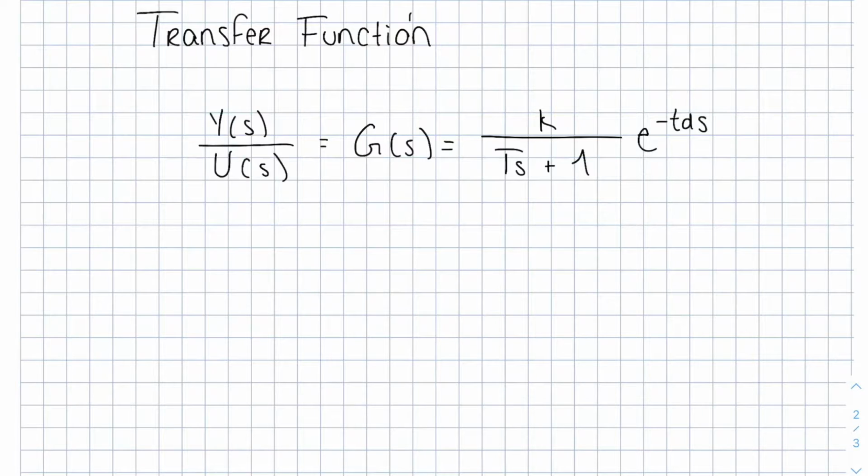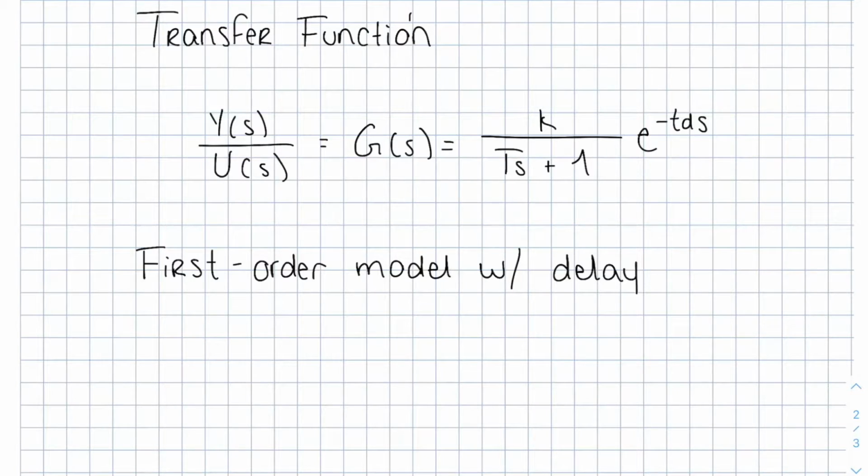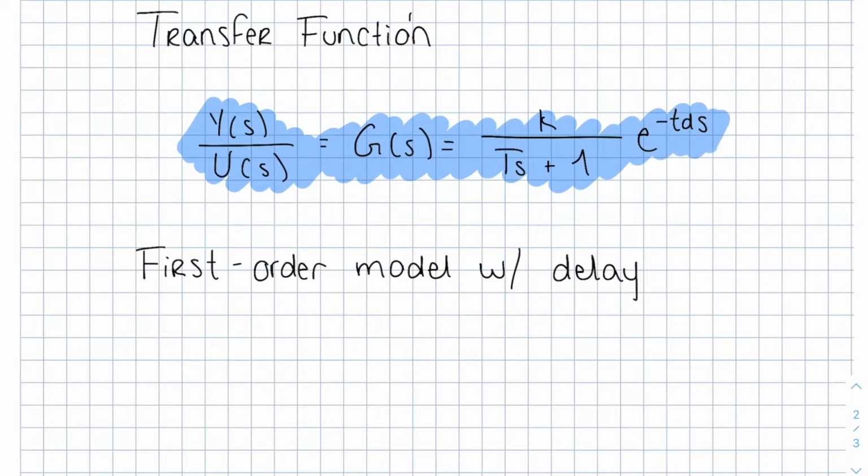It is important to mention that this transfer function is just for the first order model with delay. You cannot use this transfer function for a second order or any other kind of PID, just for the first order model with delay. And I'm gonna show you later what every symbol means.